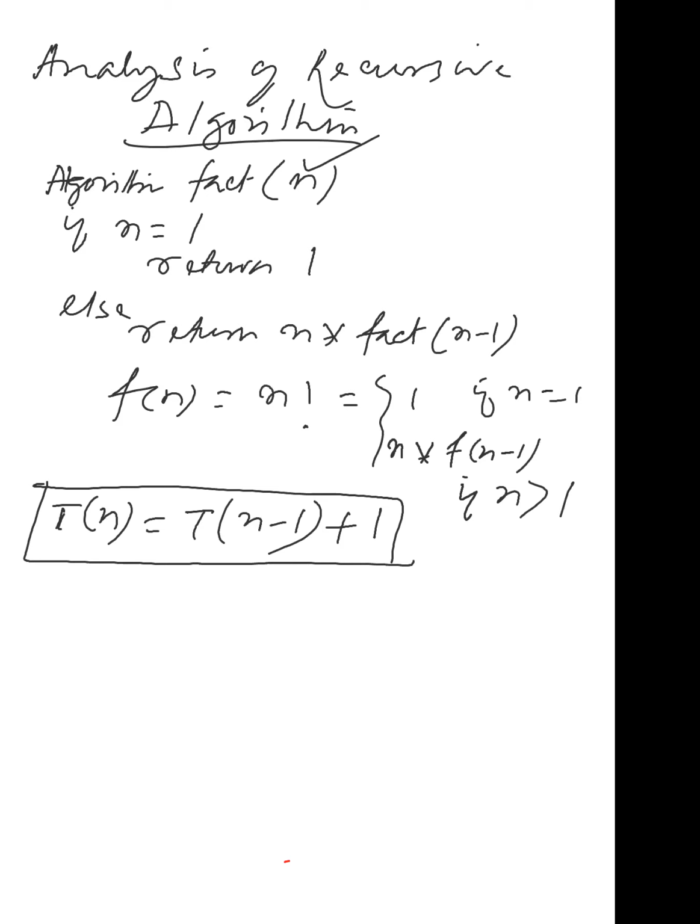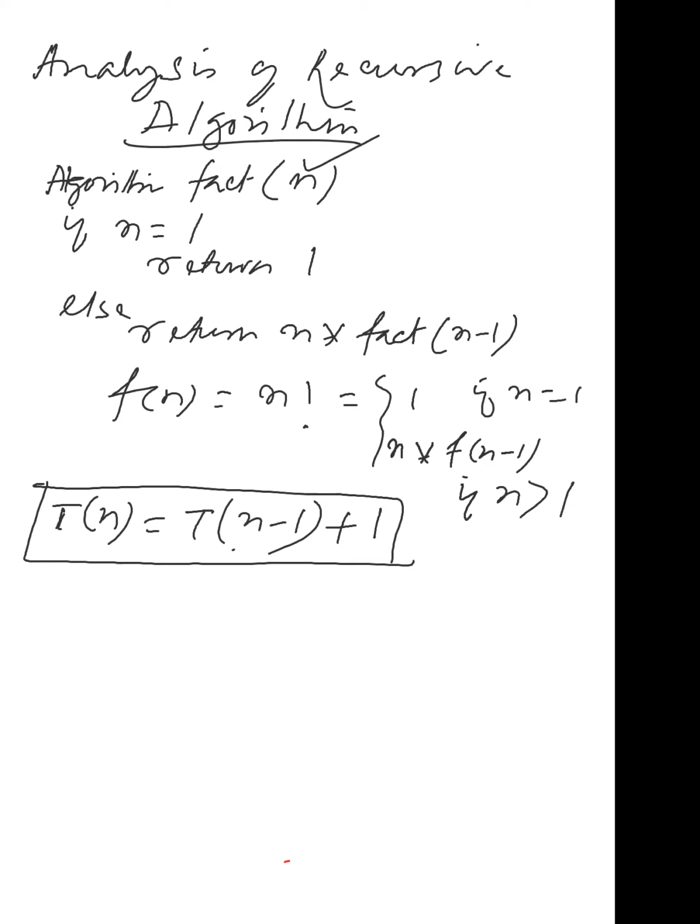So how many times are you calling the function itself? That is T(n minus 1) times. Then why is it plus 1? The plus 1 is for every time we multiply f(n minus 1) with n, there is a multiplication operation. For multiplication it is 1.